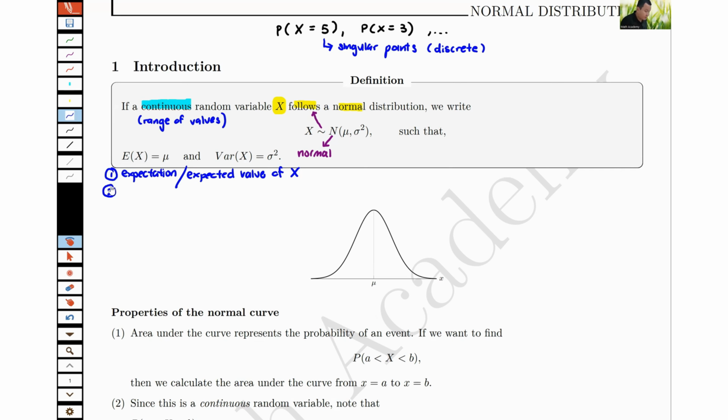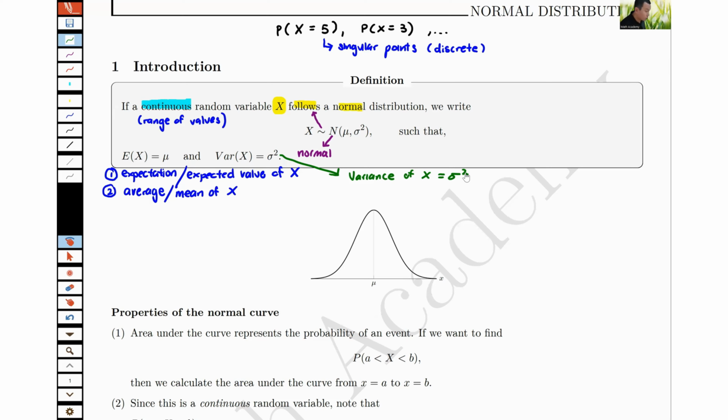Another phrase for the same thing is, this is also called the average or the mean of the variable x. So the first value that appears after the N is the average. The second value that appears is this thing called Var, which is your variance. So variance of x is given by sigma squared.